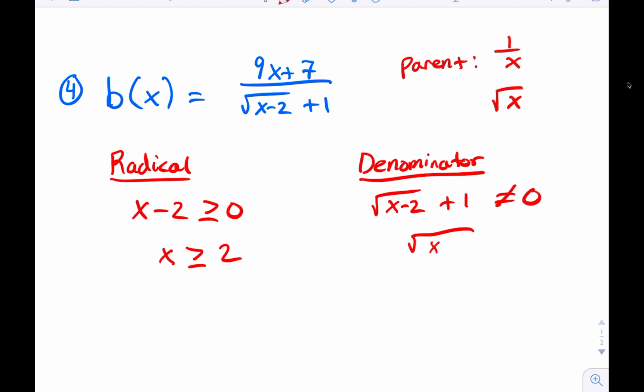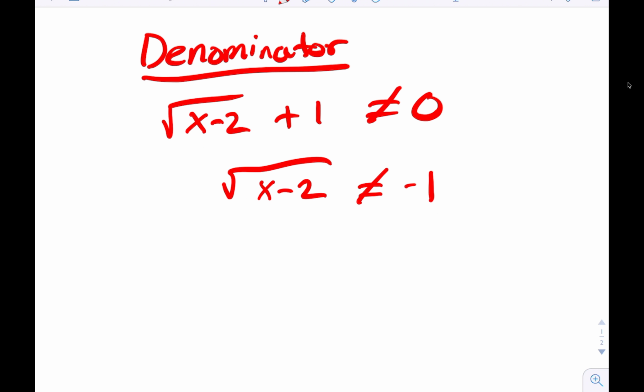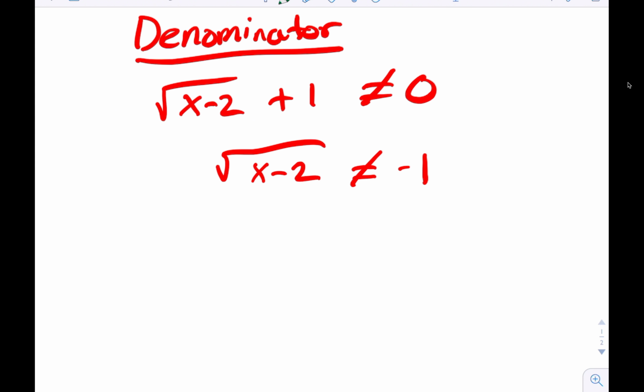The square root of x minus 2 cannot equal negative 1. Now in your head, something should be going off right now, because when you do a square root, you're not supposed to be getting a negative number. Anytime this happens, this implies that you're going to get an extraneous solution.